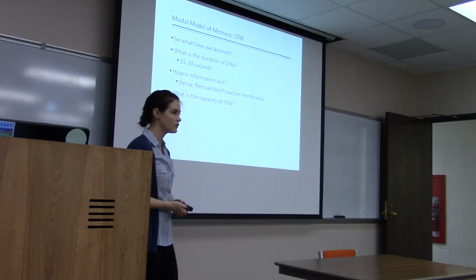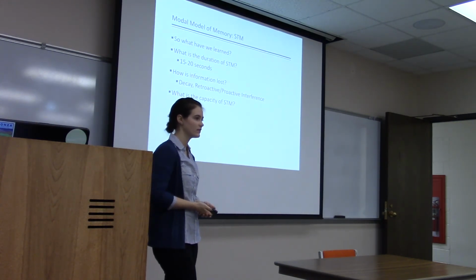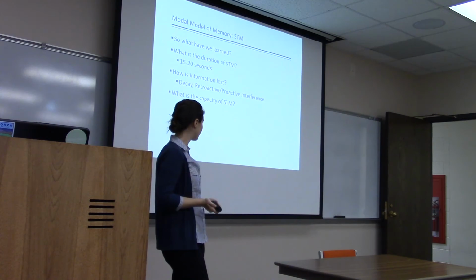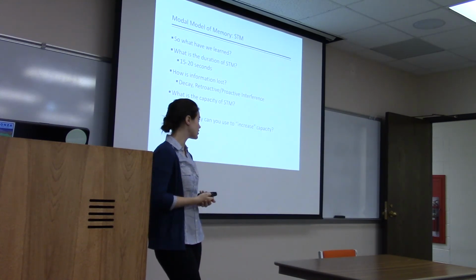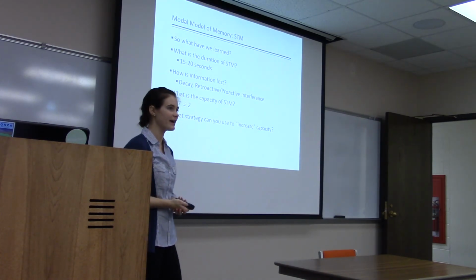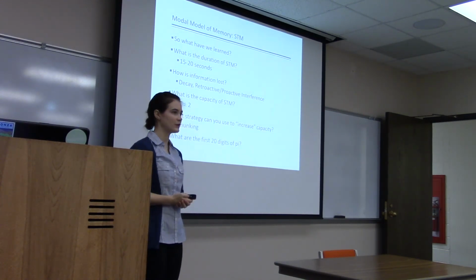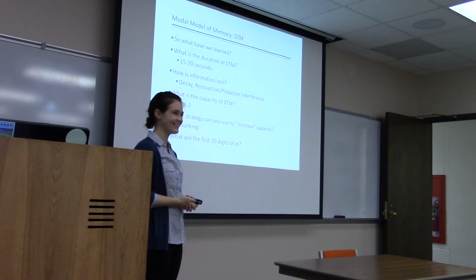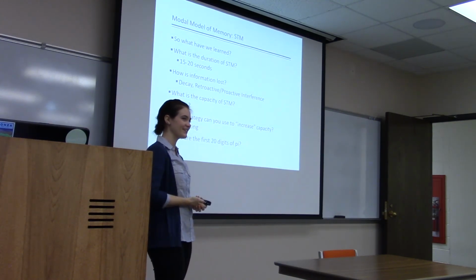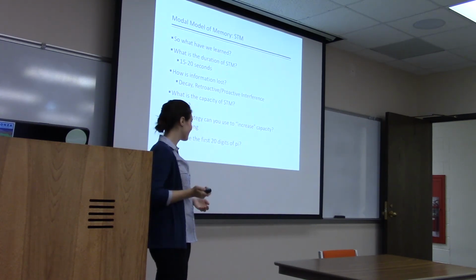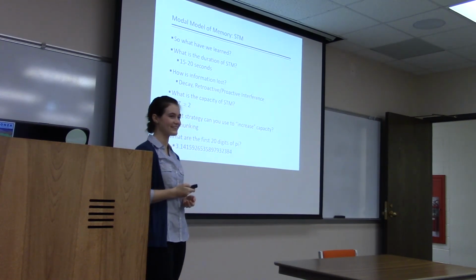What's the capacity of short-term memory? What strategy can you use to increase this capacity? What are the first 20 digits of pi? 7, 9, 3, 2, 8, 5, 6. That's close. You're close.